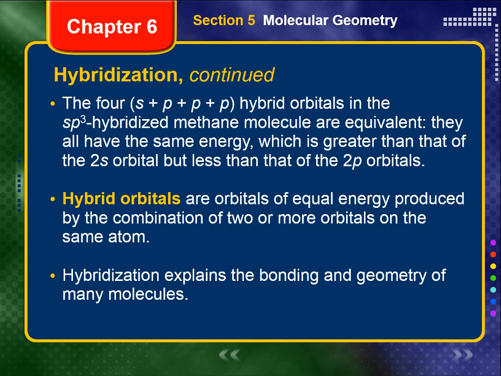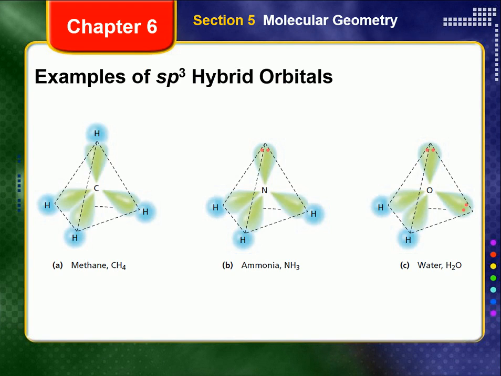The number of hybrid orbitals produced equals the number of orbitals that have been combined. Bonding with carbon's sp3 orbitals is illustrated in figure 6-24a on page 188 of your text or on the screen now for the molecule of methane.